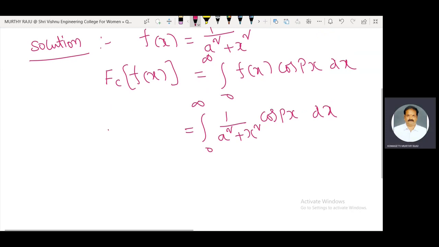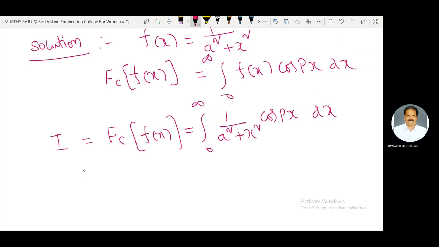This is the Fourier transform of function f of x. Let it be I.